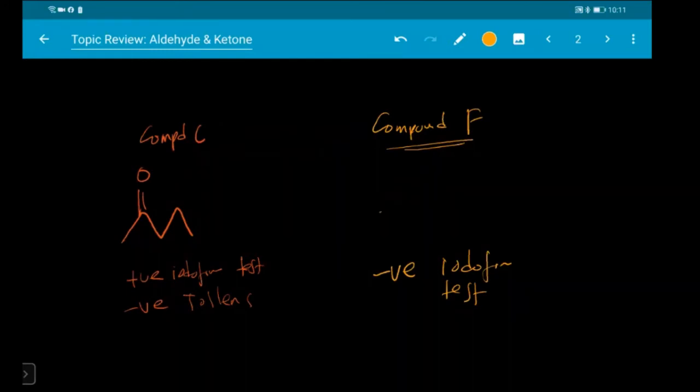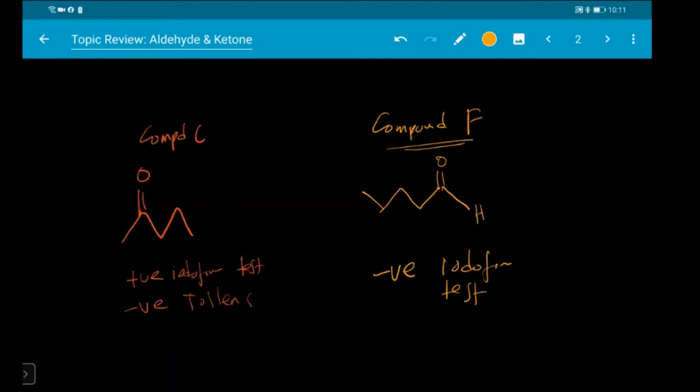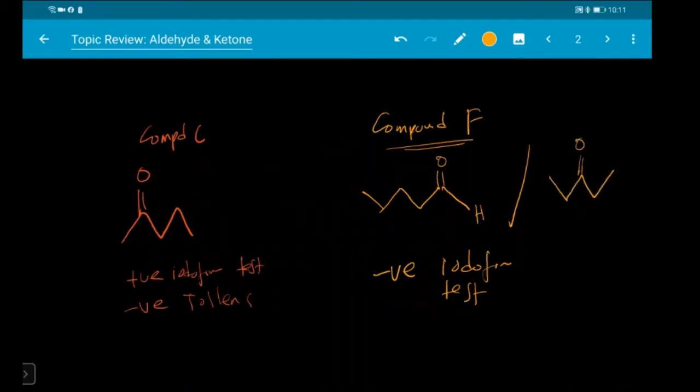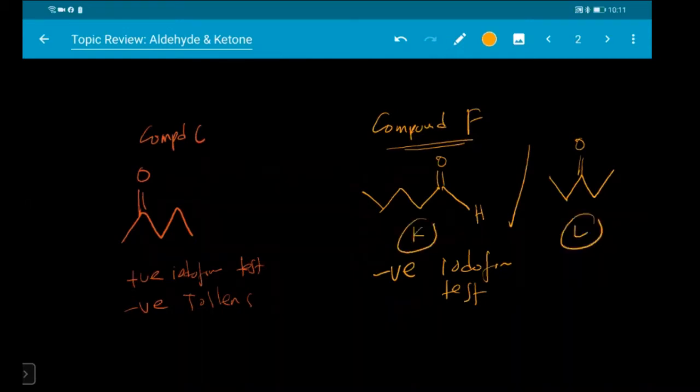First we have possible structure is like this. 1, 2, 3, 4, 5, okay. Ataupun so guys, okay, jawapan yang boleh diterima adalah sama ada K, label K ataupun L. Alright, jawapan ni boleh diterima.